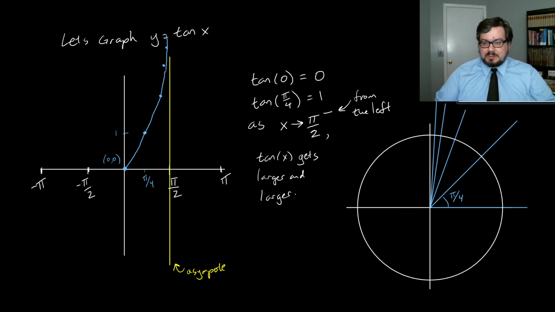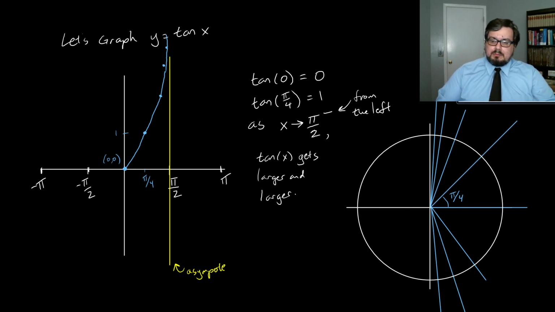Okay, well, that's what's happening on one side. What about the other side? Well, on the negative side of things, you'll notice that a very similar sort of phenomenon happens. As we move further and further negative, as we approach negative pi over 2, tangent of x gets larger and larger, but in the negative direction.